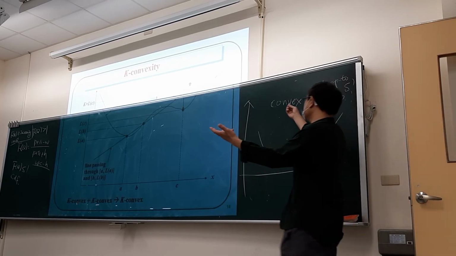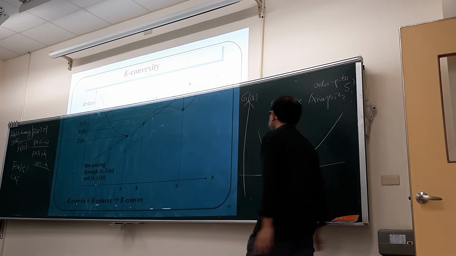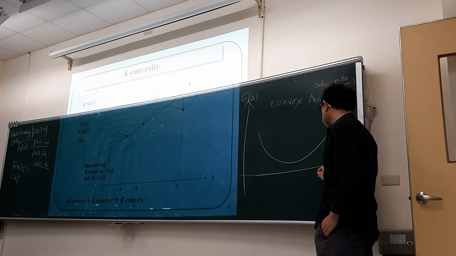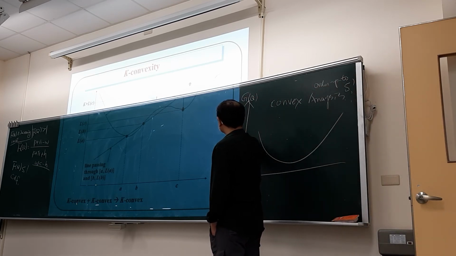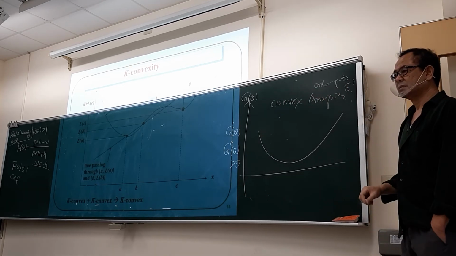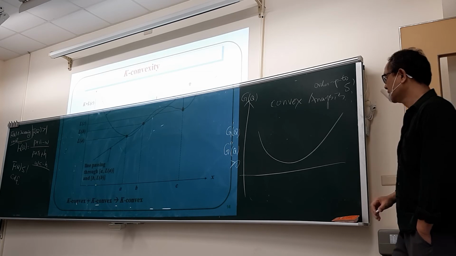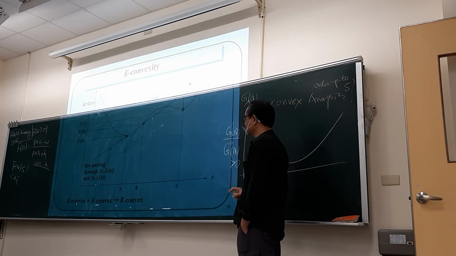For example, this is G of P. Quite often, we use the first and second derivative, larger than 0. Actually, the most important property for the convex is this one, not this one.